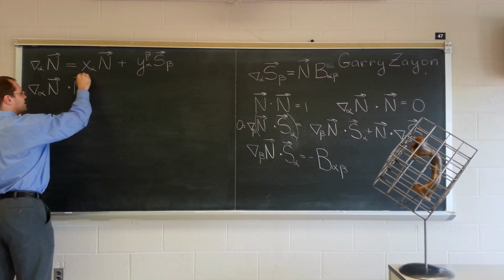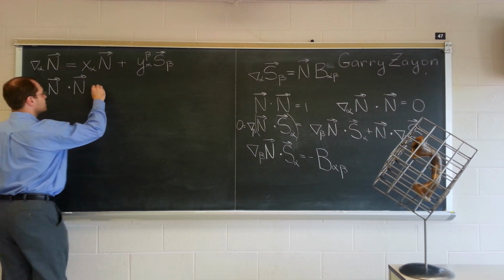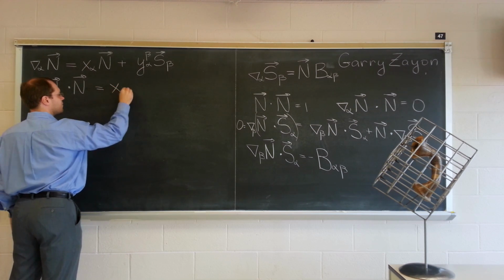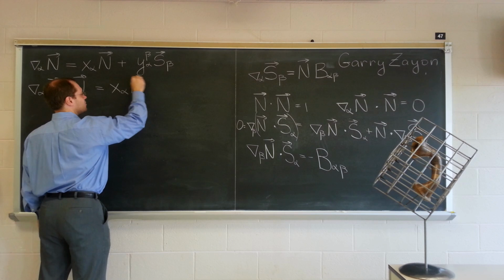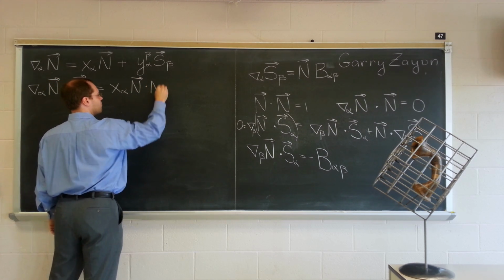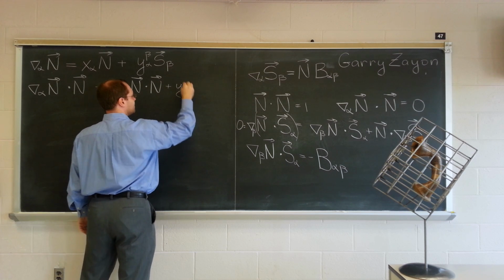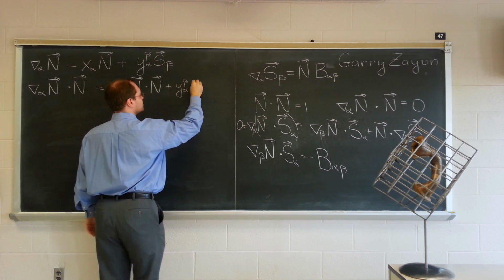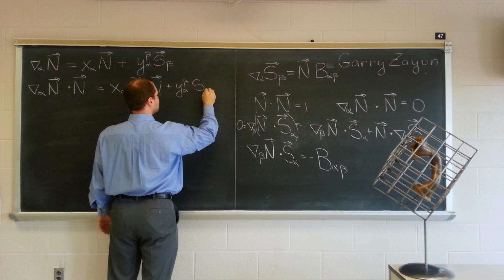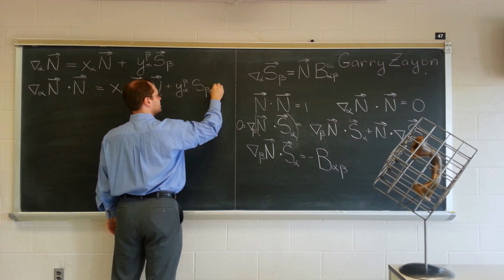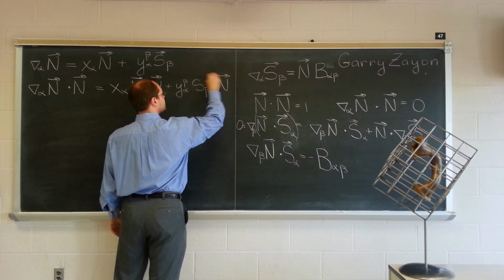So this is me dotting the left-hand side with the normal, and then dotting the right-hand side with the normal, plus y alpha beta, unknown coefficients, S beta dotted with n.